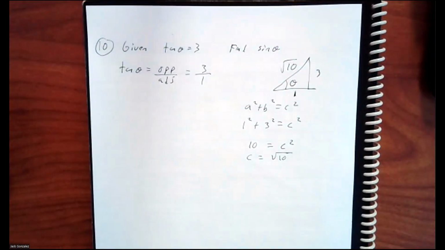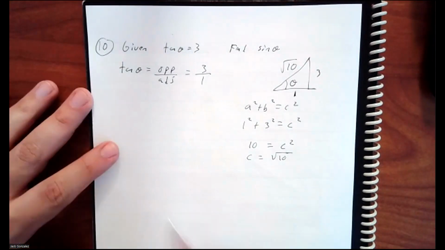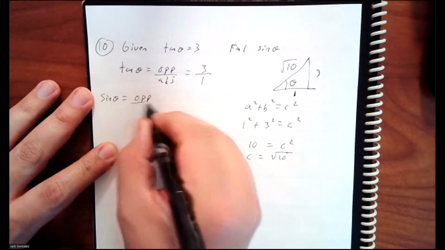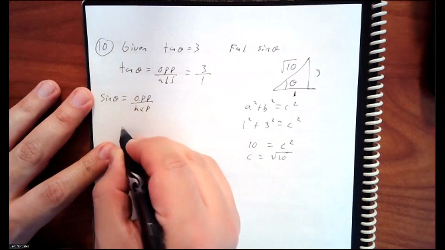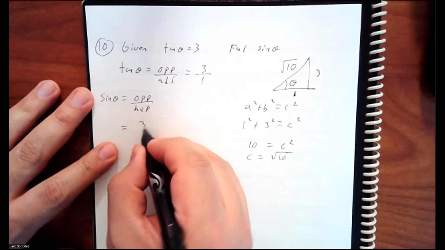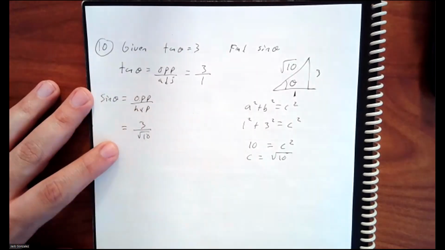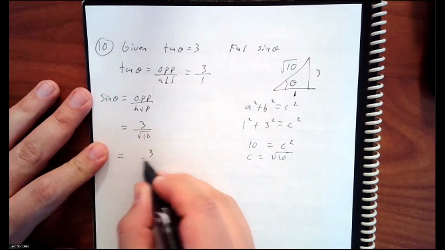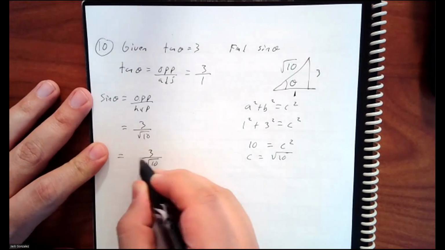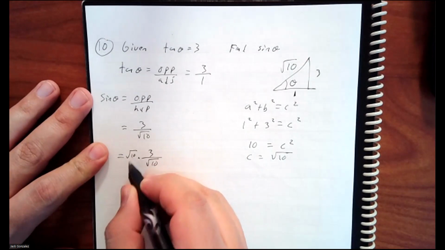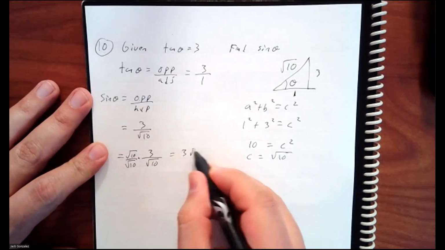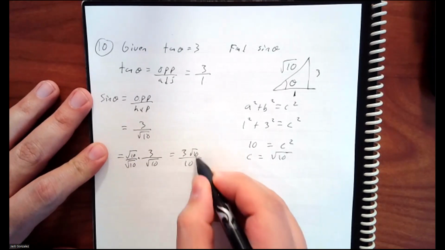Once you have the hypotenuse, sine theta is equal to opposite over hypotenuse, which is equal to 3 over root 10. Rationalize and you're done. That'll be 3 root 10 over 10.